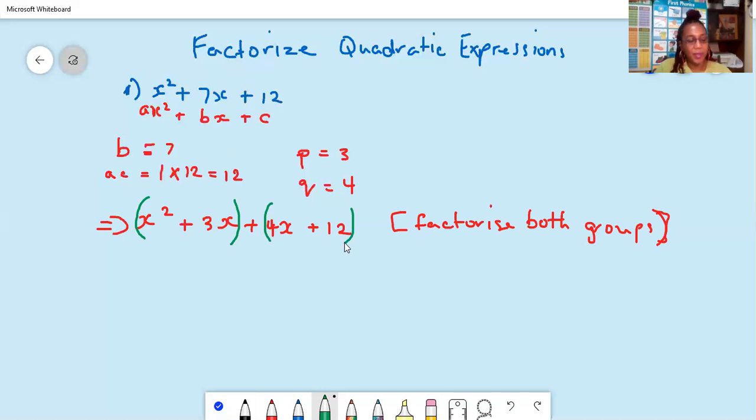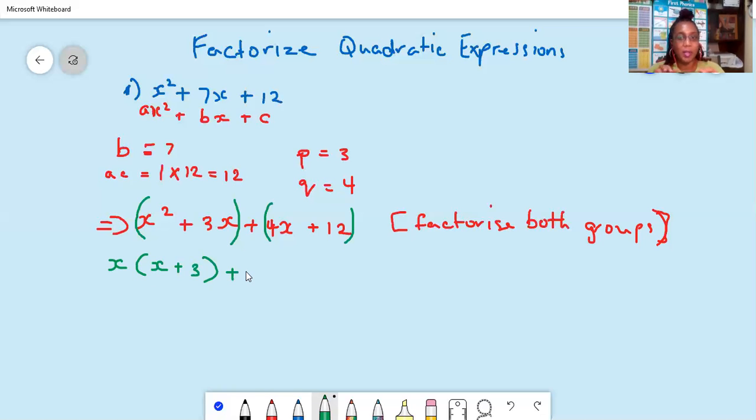The first group contains x squared plus 3x. The common factor between the two of them is x, so we pull out x. So x will remain here, plus 3. We bring down the sign.